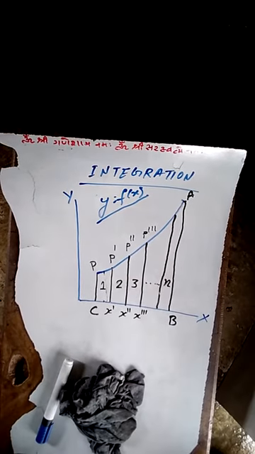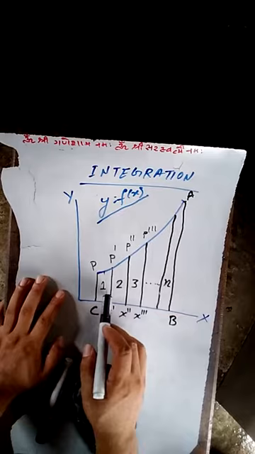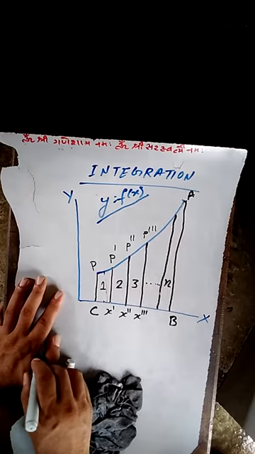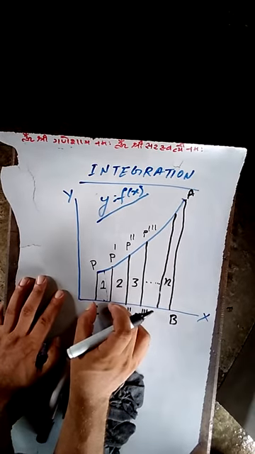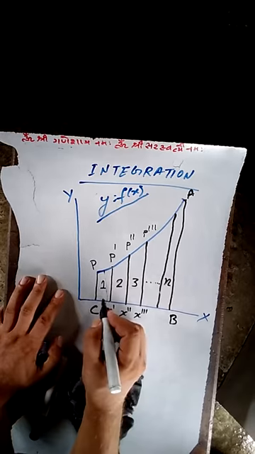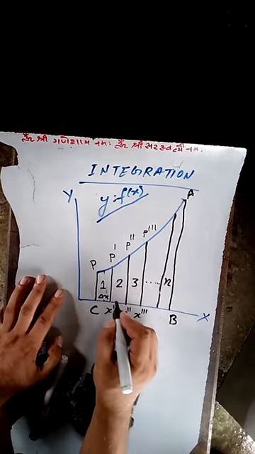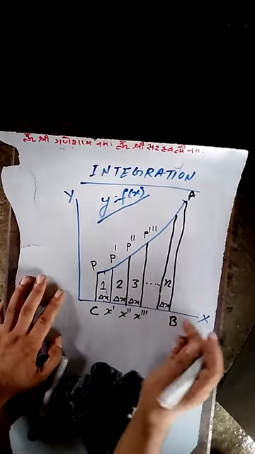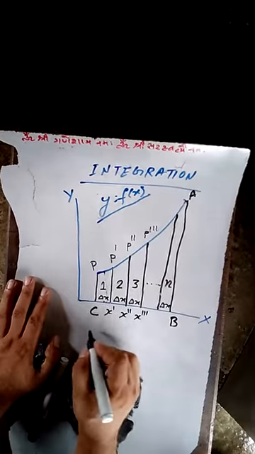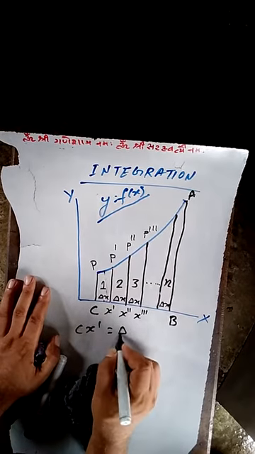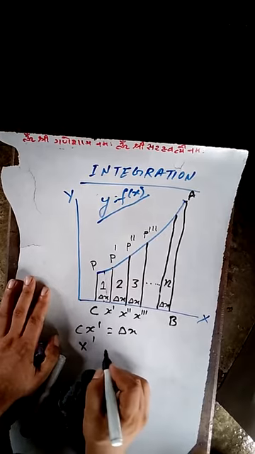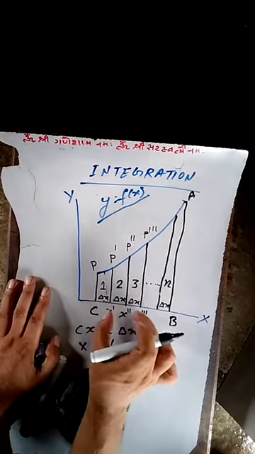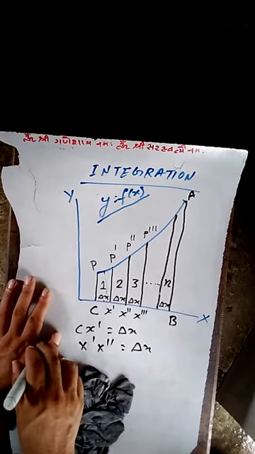We have divided it into n number of strips, but of equal width. This means the width of this is delta x, and this width is also delta x, each width is delta x. So C x prime is delta x, x prime x double prime is delta x. Likewise, each has width equal to delta x.